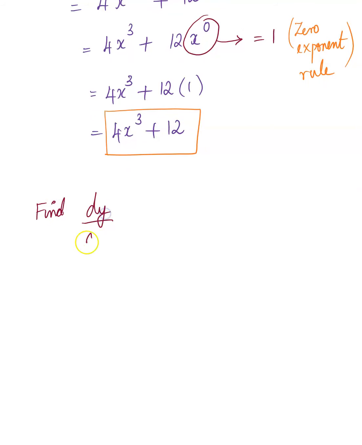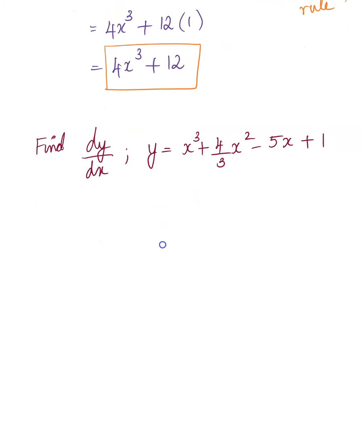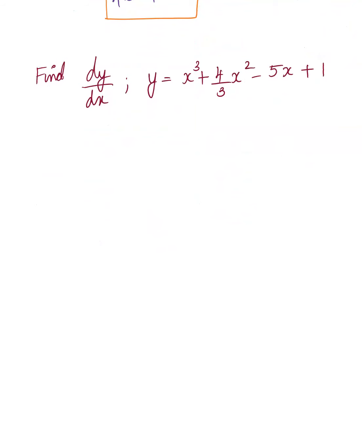Find dy over dx. And y is x cubed plus 4 over 3x squared minus 5x plus 1. Eventually you'll be doing this faster than what we're doing now. They're just being introduced to this concept, so it's a good idea for you to pause the video and catch up with me later.